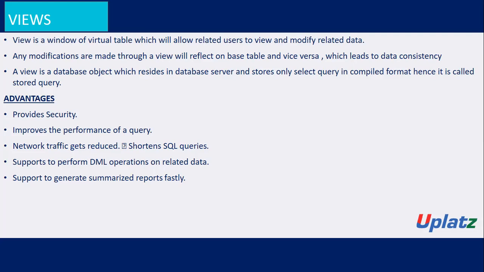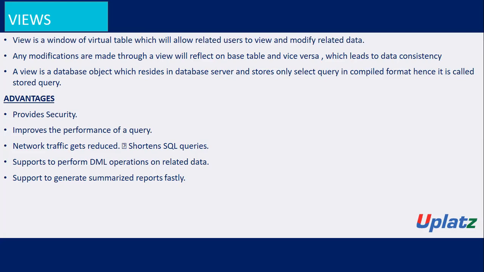How is performance related to the view? Performance is related to the view because we are not going to access all the columns from the table. We access only the related columns from the base table.